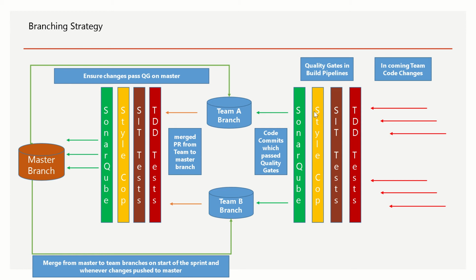Then comes StyleCop. StyleCop is a tool which allows us to find any style related errors in our code base. This is also considered a kind of quality gate because it will help you maintain clean code and quality code. And the fourth quality gate that I would like to explain here is a static code analysis tool, which can be anything.